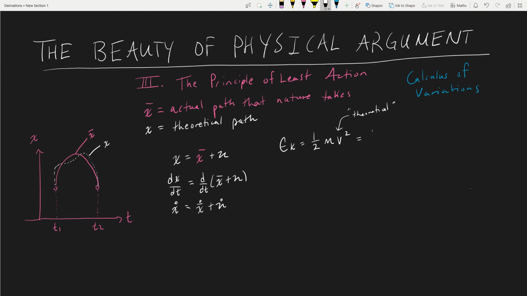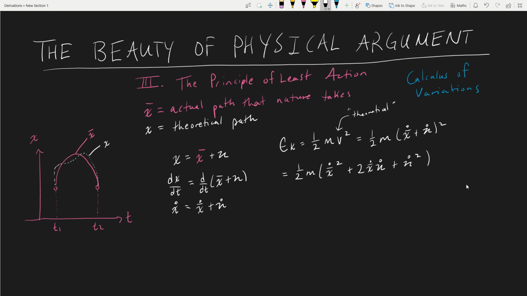So this is going to be 1/2 m times (x bar dot plus eta dot) all squared. Doing the math on this, we get 1/2 m x bar dot squared, first term squared, plus 2 of x bar dot eta dot, and then plus eta dot squared.